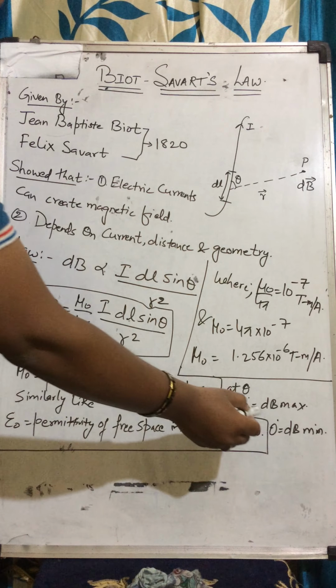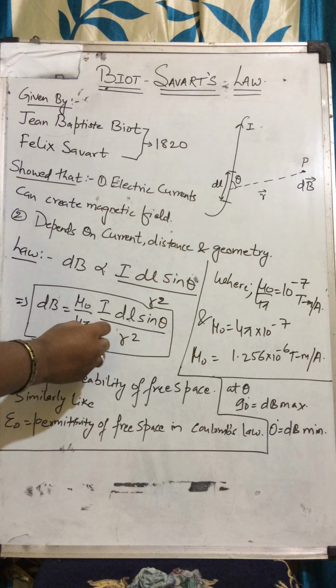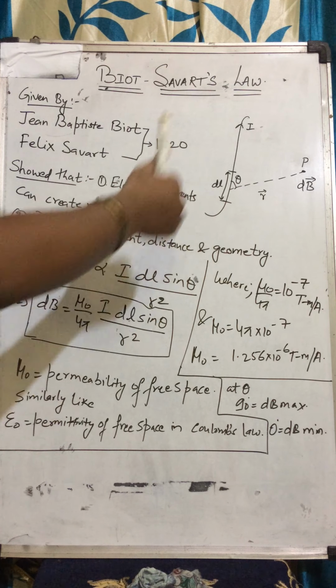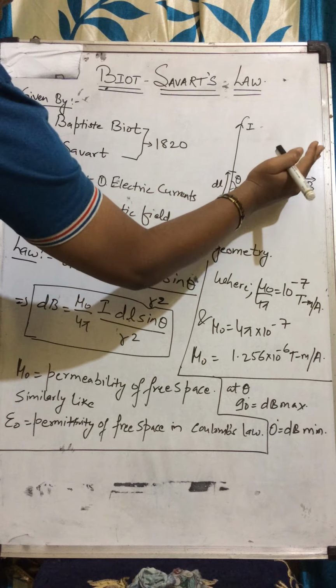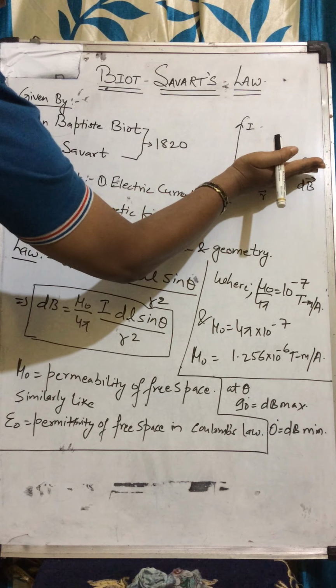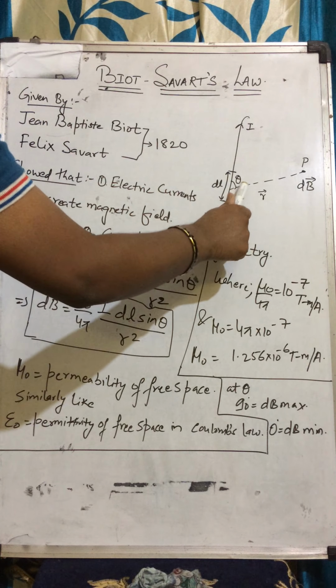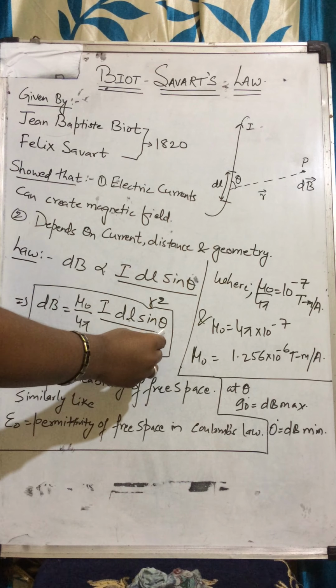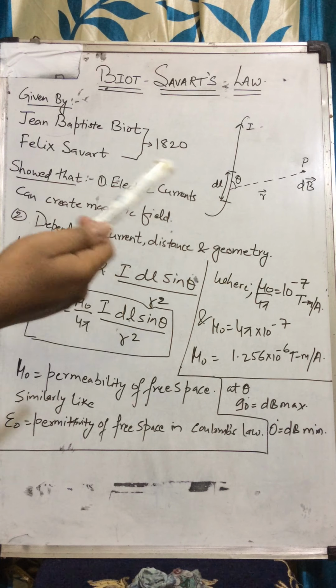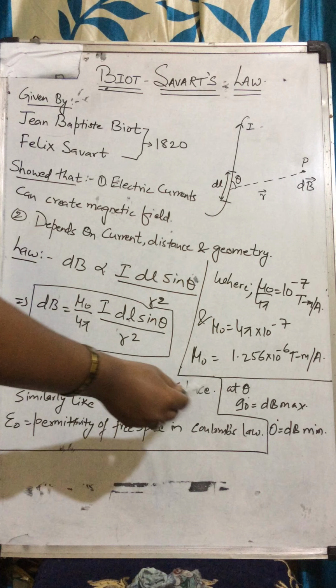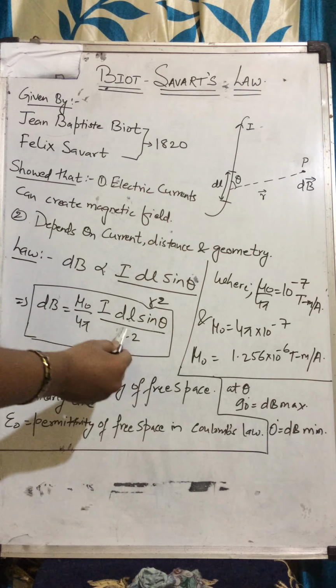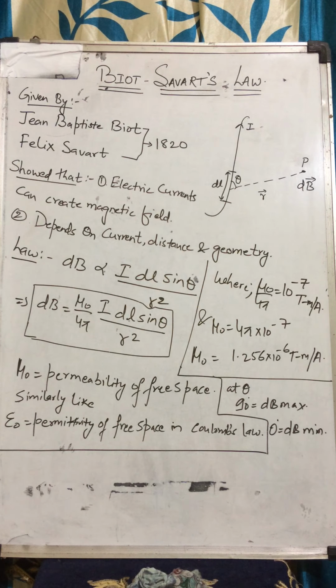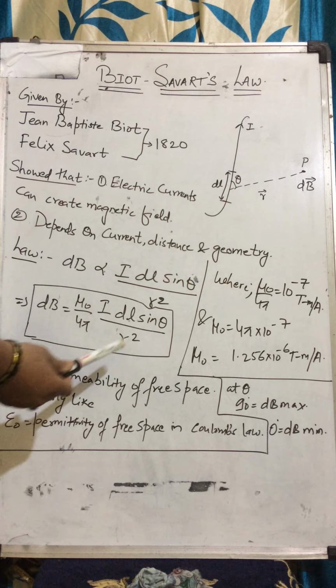So dB is minimum when theta is 0 degree. Now we are moving the point P in this way, and when theta is 90 degree, sin 90 is 1, so at theta equal to 90 degree the value of dB will be maximum. Is it clear? Very easy.